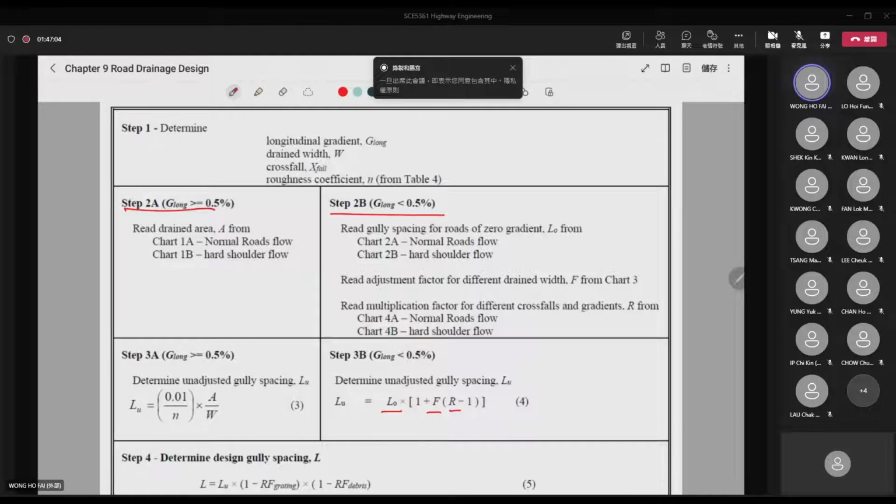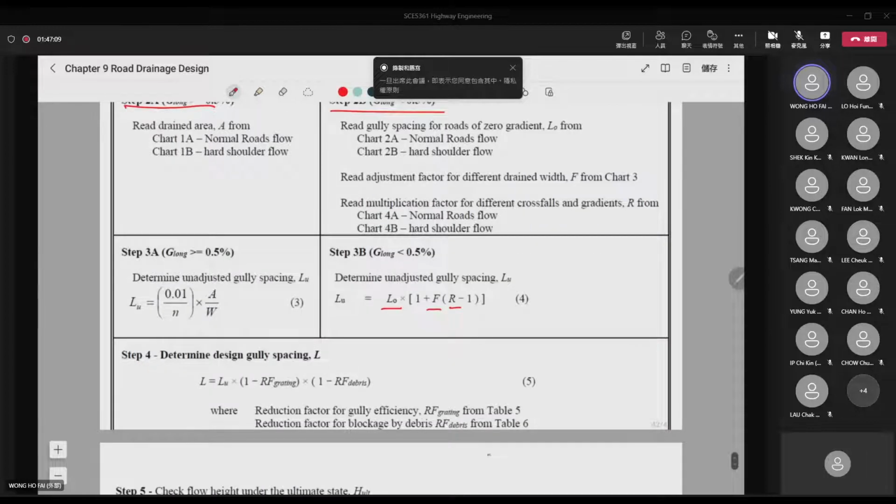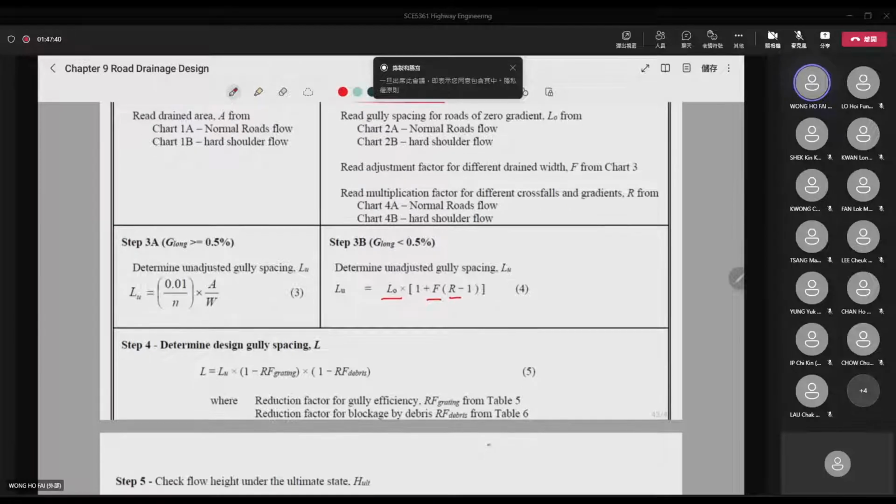Then to determine the design gully spacing, L is equal to LU times 1 minus RF rating times 1 minus RF depth. That means you have your unadjusted spacing, then the consideration of the grading of the gully, and the depth blockage of the road. Then you look at table 5 and table 6.